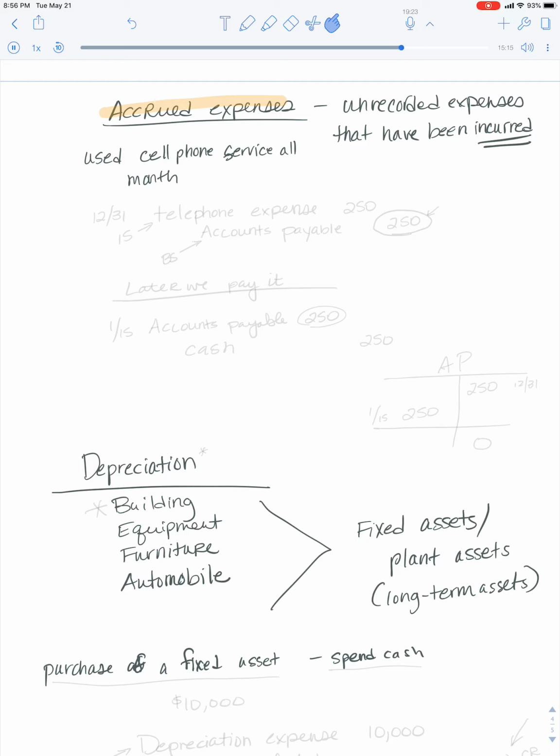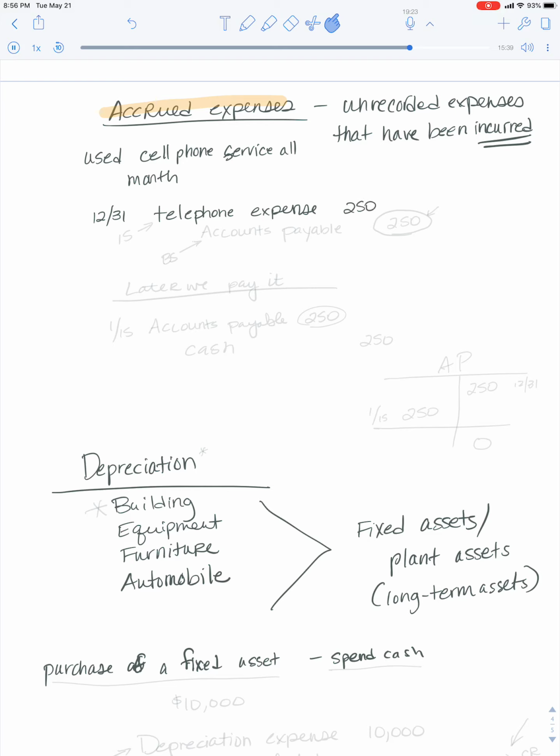So let's say it's December 31. We go ahead and accrue the services that we have incurred at the end of the year. So let's say telephone expense, $250. And we didn't pay this bill yet. We're going to pay it later. So we got to put it in a holding place.